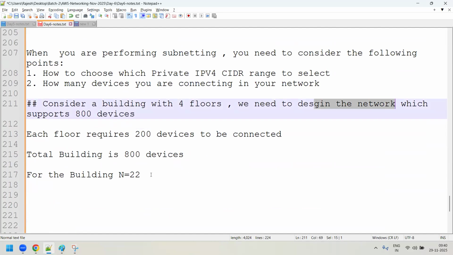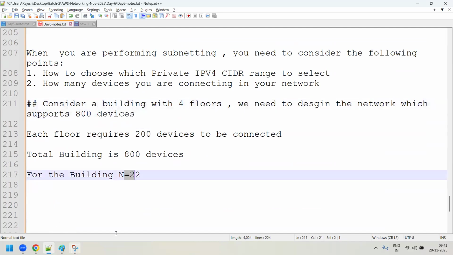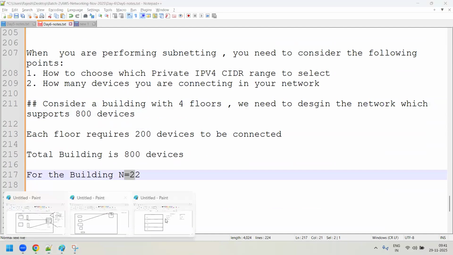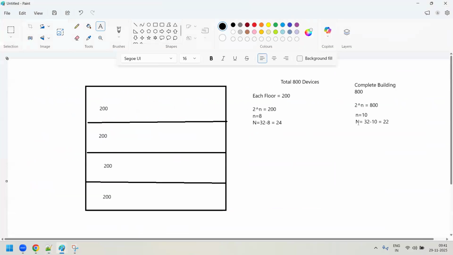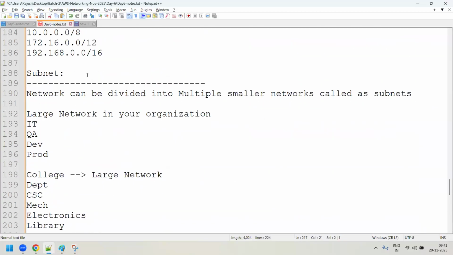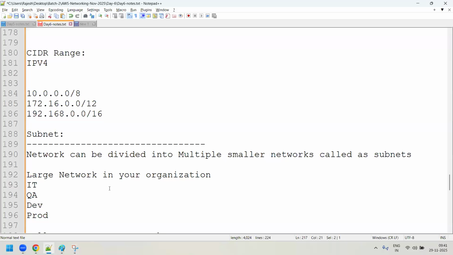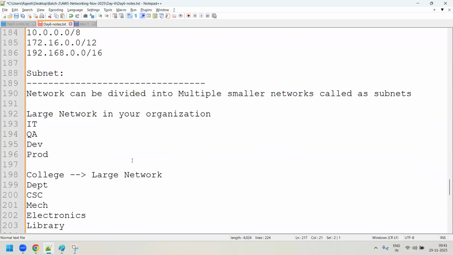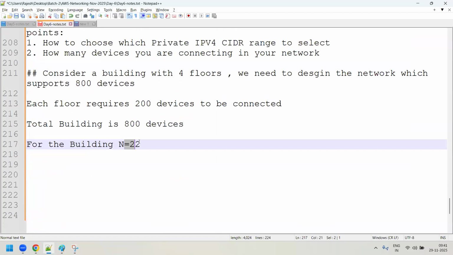Correct, sir? Since N is 22, because how did I arrive at the N of 22? Because I'm taking the complete building. So based on the capital N value 22, I am checking which value is less than that.